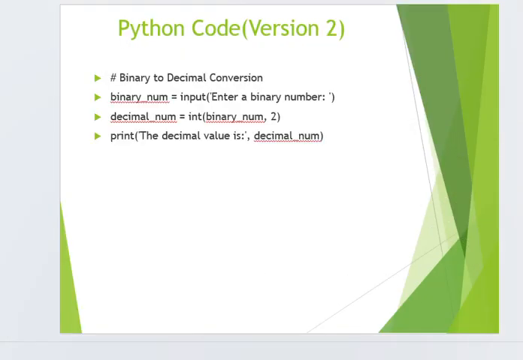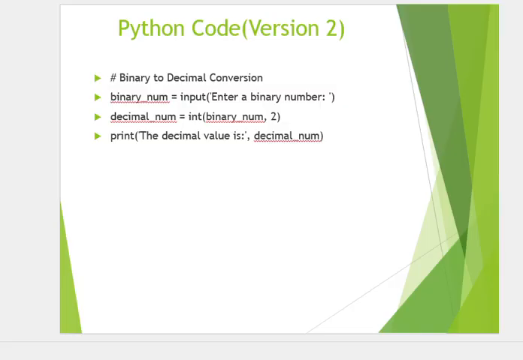There is one more way which is very easy and you will love to use that. Now this is the second version of converting binary into decimal. In this case, we have used one function, int. I will be explaining that. First of all, we are taking the binary number as an input using the input command.